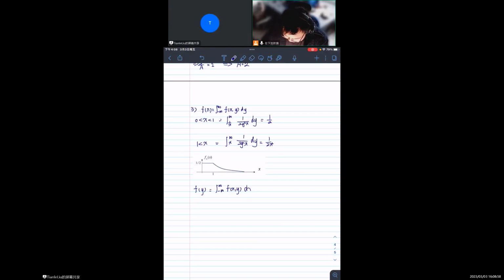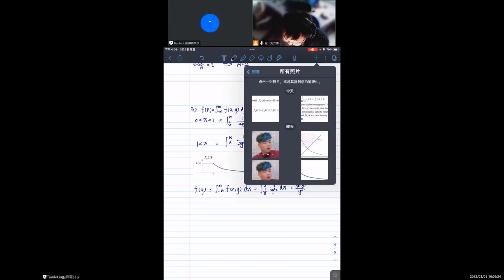Sorry, dx. So which is the integral from 1/y to y of 2y squared x over 1 dx. By the integral calculator, we'll get this one, which turns out to be the graph like this.